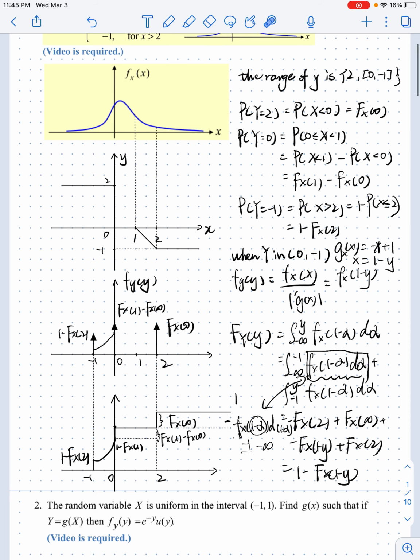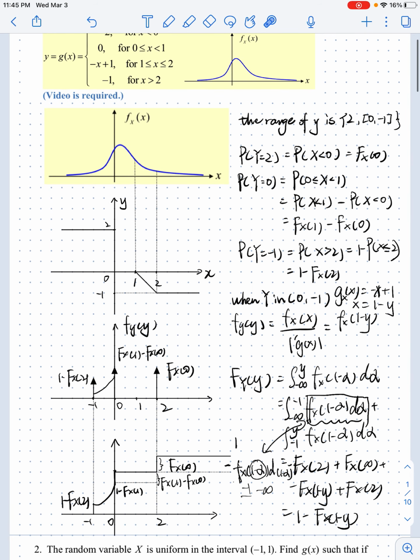So when we try to draw the figure, when y is -1, the probability would be 1 minus Fx(2). So it would be a delta function when y is -1.